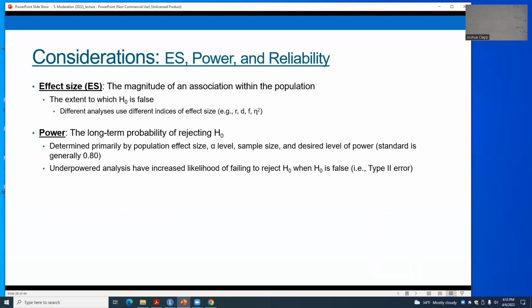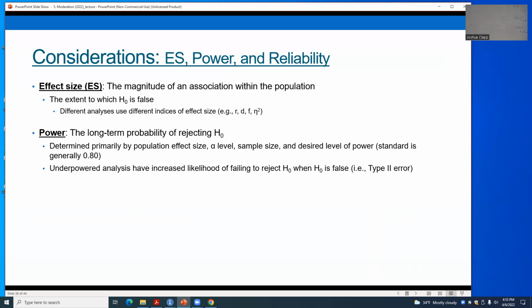Okay? Power, remember, is the long-term probability of rejecting the null hypothesis, right? If I were to do this over time, given this effect size, this sample size, and this alpha level, what percentage of these replications will I find evidence for my effect?